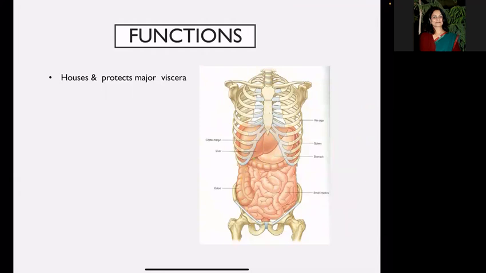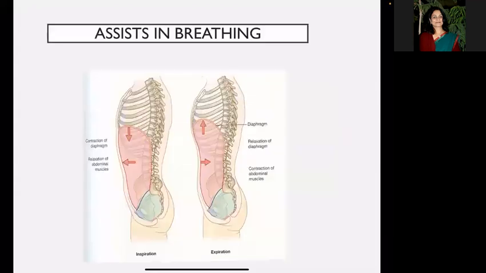We will talk about some functions of the abdomen. It not only houses and protects the major viscera, as you can see, all the viscera present in the abdominal cavity, which consist of the gastrointestinal tract as well as the genitourinary tract along with the suprarenals. It also assists in breathing.